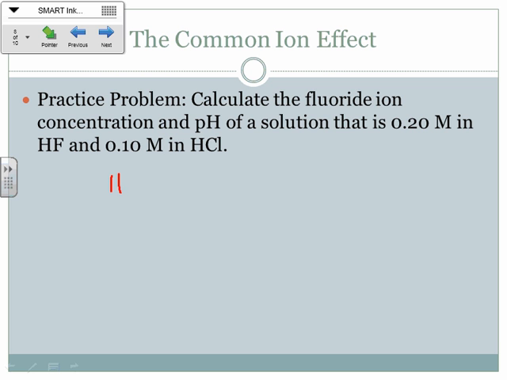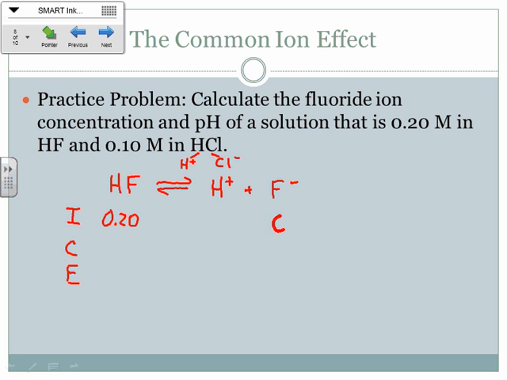So our relevant equilibrium is still going to be the weak acid equilibrium here, HF in equilibrium with H plus and F minus. Okay? When we put HCl into solution, the main thing that affects that solution is now we have some H plus, because this thing is going to completely dissociate into H plus ions and Cl minus ions. Okay, so if I do my ICE table on this one, now what I have is an initial concentration of HF, which is 0.20.